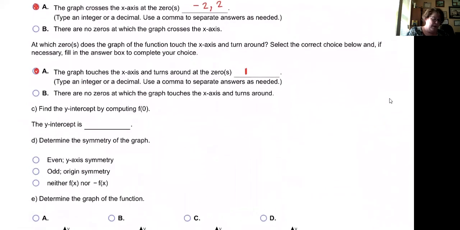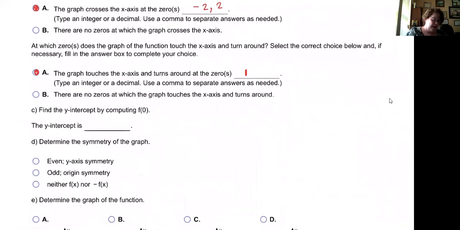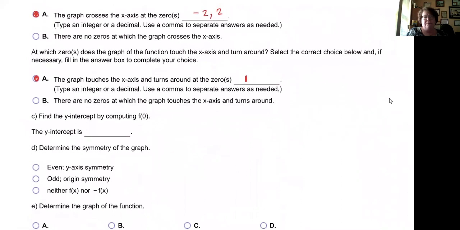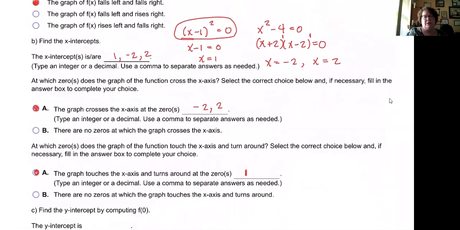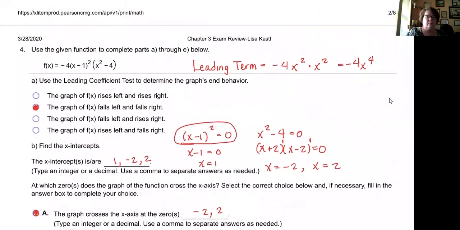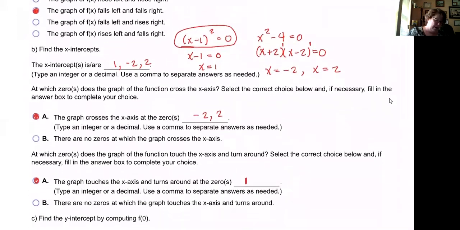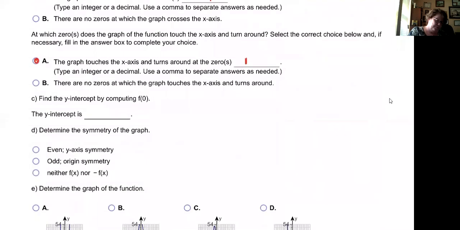All right, the next thing it wants me to do is to find the y-intercept, and I find the y-intercept by evaluating this function at 0. So I'm going to do that. So that's going to be minus 4 times 0 minus 1 squared times 0 squared minus 4.